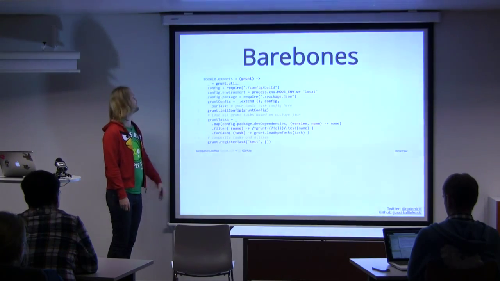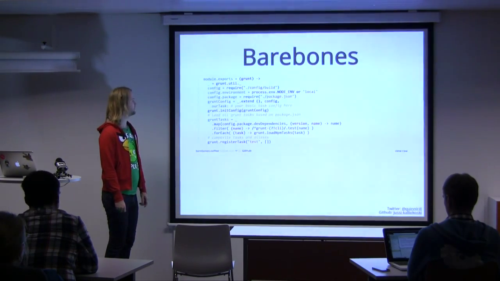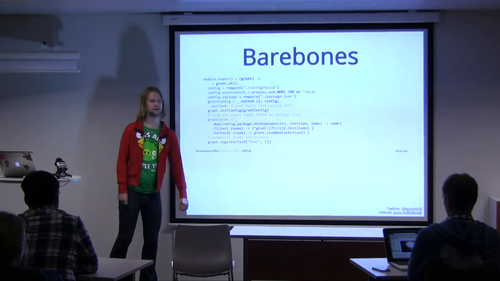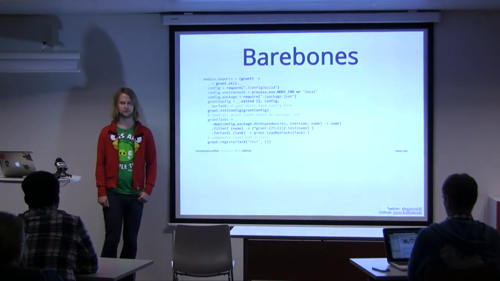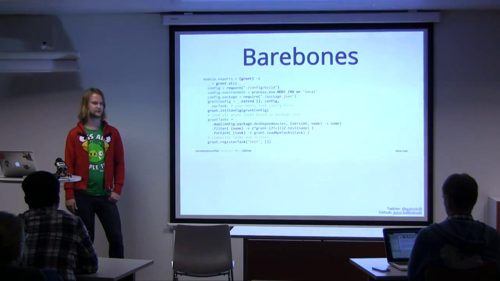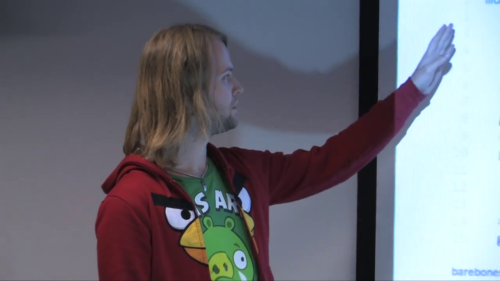So we have an external config file, which has references to all our JavaScript files or style sheets and shared test configurations and stuff like this. Then we have, well, this is basically useless.